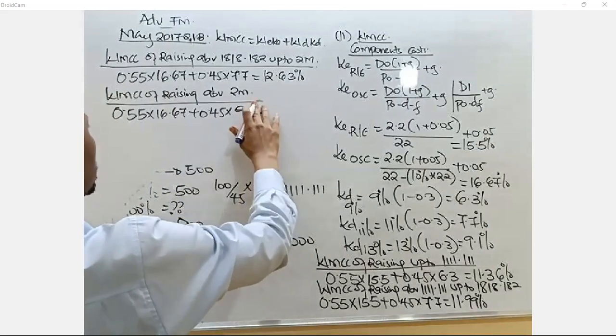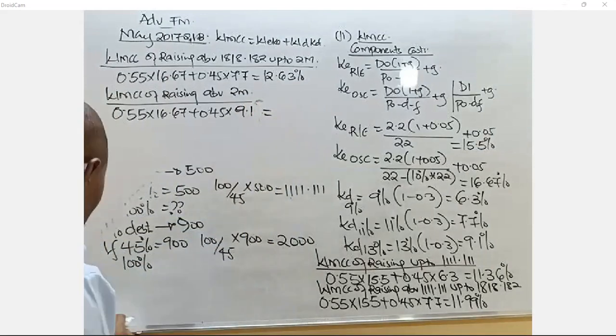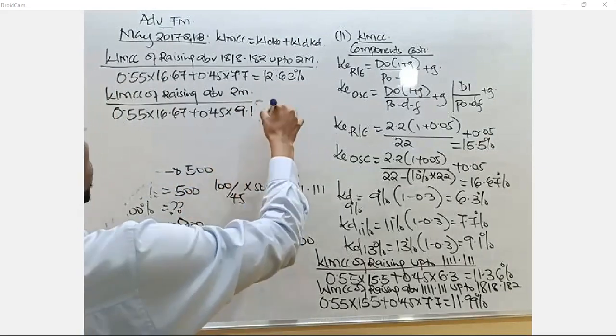So how much is it? 0.55 times 16.67 plus 0.45 times 9.1, we are getting 13.26%.